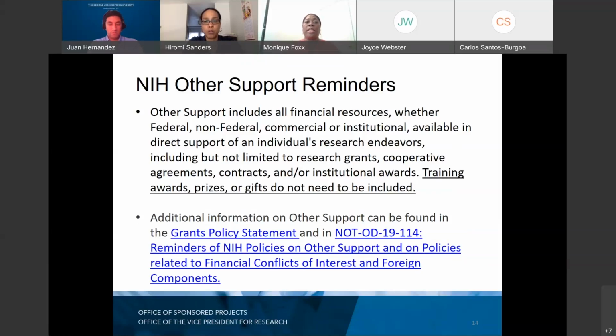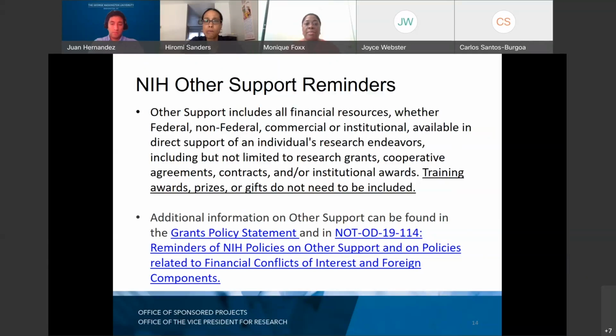Again, other support includes all financial resources, whether federal, non-federal, commercial, or institutional, available in direct support of an individual's research endeavors, including, but not limited to, research grants, cooperative agreements, contracts, and/or institutional awards. Training awards, prizes, or gifts do not need to be included.